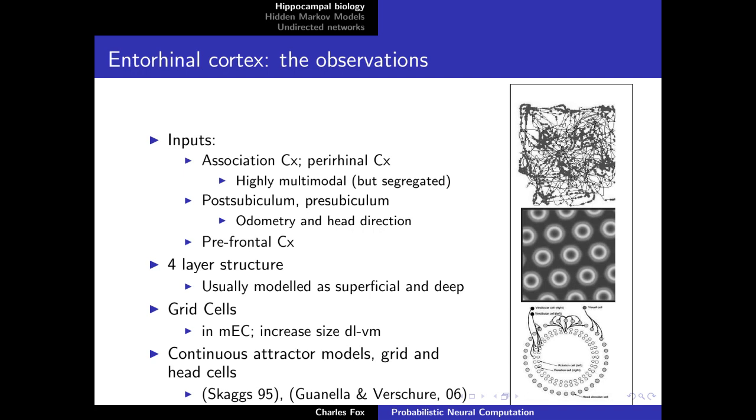The entorhinal cortex is part of cortex, so you've seen the 6-layer structure of cortex. Entorhinal cortex only has 4 layers, kind of a mutated version, perhaps, of the rest of the cortex. And it's usually split into 2 regions, the superficial layers, which are the inputs, and the deep layers, which are the outputs. There is some interaction between them. Why does it only have 4 layers? Maybe it has something to do with the fact that it's sitting at the top of this cortical hierarchy.